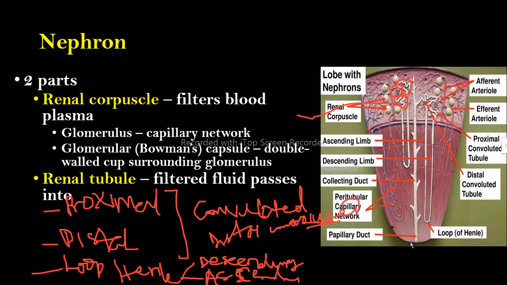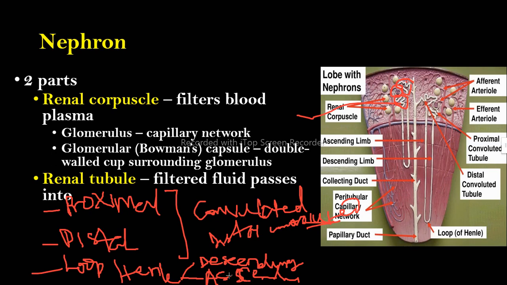So that the renal filtrate, finally, what is formed? It is formed with excretory wastes, those that are not needed by our body, and you flush them out.